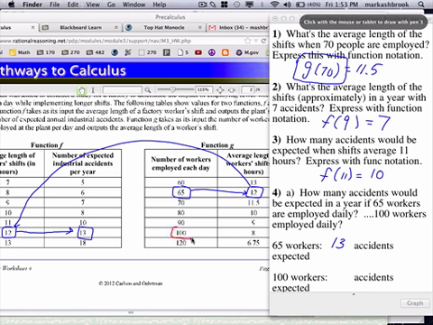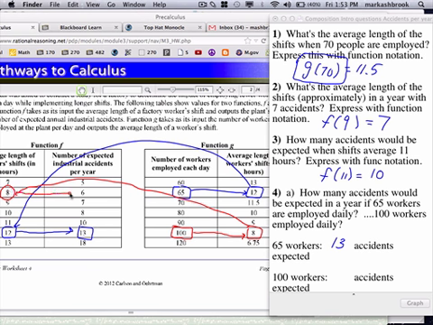Is it the input or the output of F or G? She wants input of G. Agree? 8. Input or output of F or G? First of all, it's the output of G. And that becomes the input of F. So we can expect 6 accidents. Does it make sense?